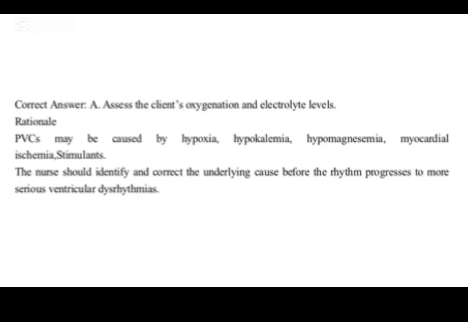Correct answer, A. Assess the client's oxygenation and electrolyte levels. Rationale. PVCs may be caused by hypoxia, hypokalemia, hypomagnesemia, myocardial ischemia, stimulants. The nurse should identify and correct the underlying cause before the rhythm progresses to more serious ventricular dysrhythmias.